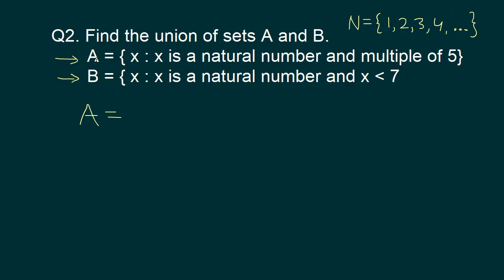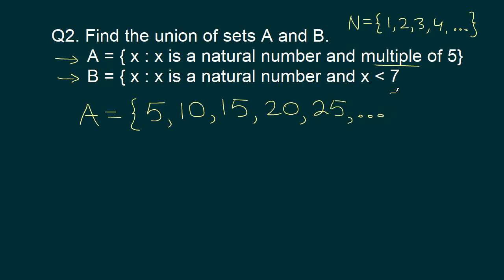So set A contains natural numbers, but they also have to be multiples of 5. That means our set A will look something like this. It will be 5, 10, 15, 20, 25, and so on and so forth. So this is how our set A will look like in roster form.